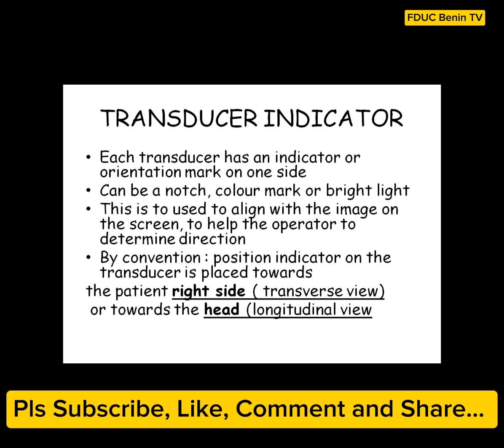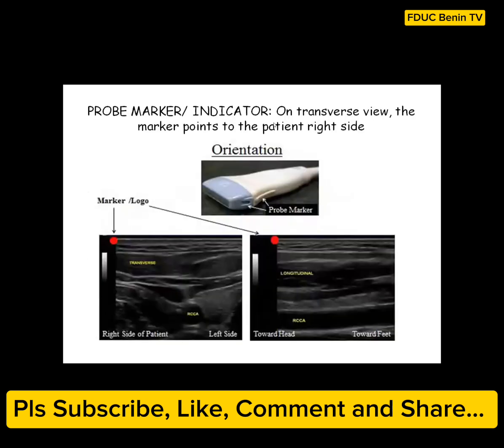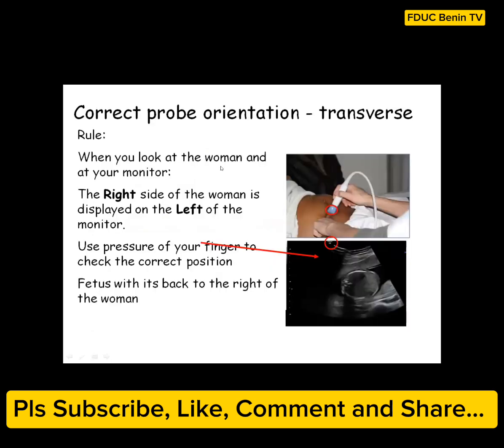So this is what we are calling the transducer marker or indicator. Depending on the machine, it may just be a notch, it may be a light, it may be a depression. So holding your probe correctly is very important. I think in subsequent lectures, we will have more of that.